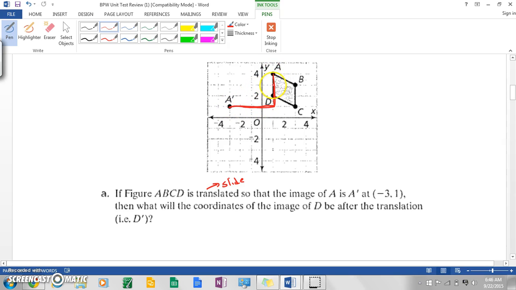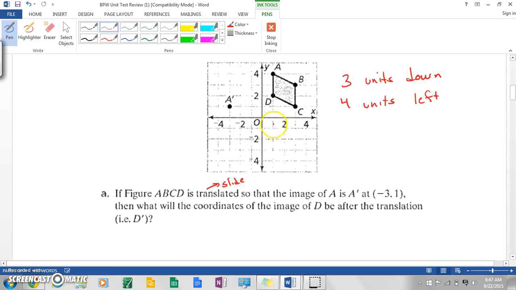We slid A 1, 2, 3 units down and 1, 2, 3, 4 units to the left. Okay, so for each one of these points, I have to move down 3 units, and to the left 4 units. So let's do that.